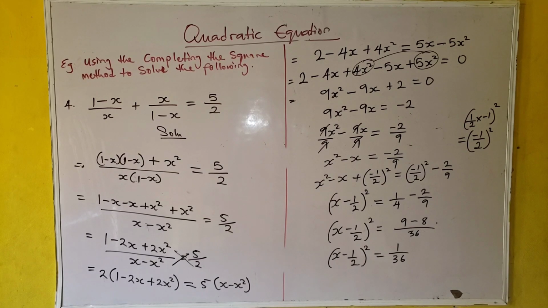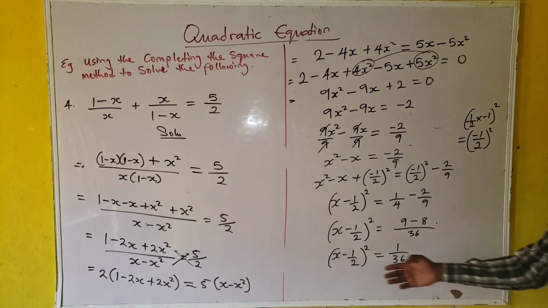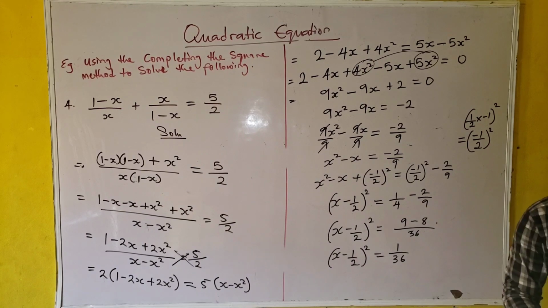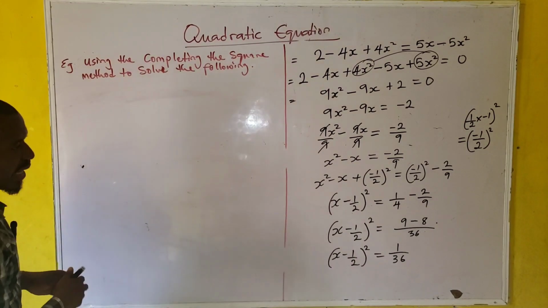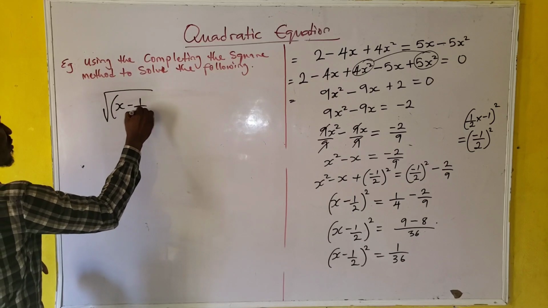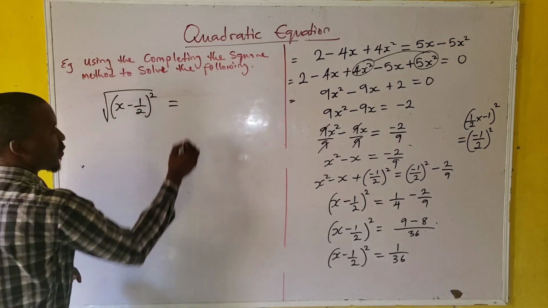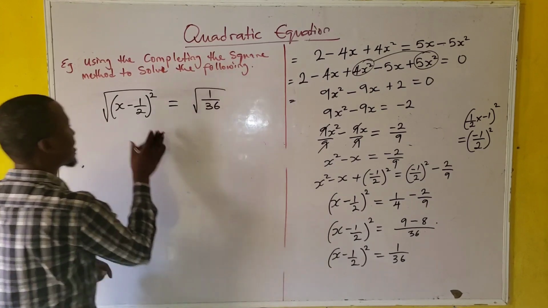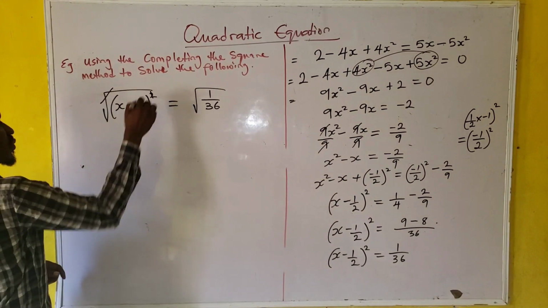So this is what we have after our step 4. So we need to move to step 5 now, so that we can take square root of both sides and now solve for s. When you take square root of both sides, you have square root of s minus 1 over 2 squared equal to square root of 1 over 36. Square root here will cancel the square here.